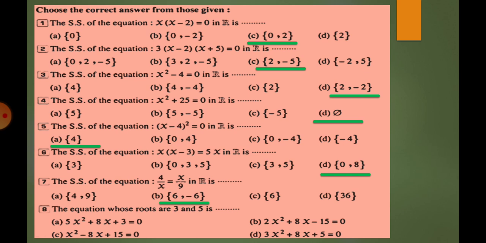So here the roots are 3 and 5, so we can write the equation in the form (x − 3)(x − 5) = 0. It will be x² − 8x + 15 = 0.